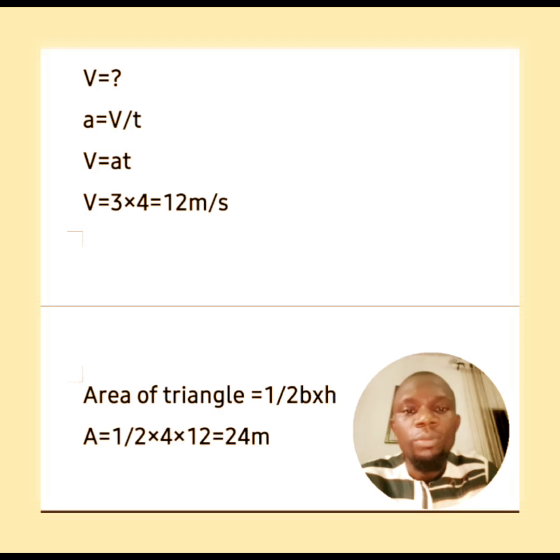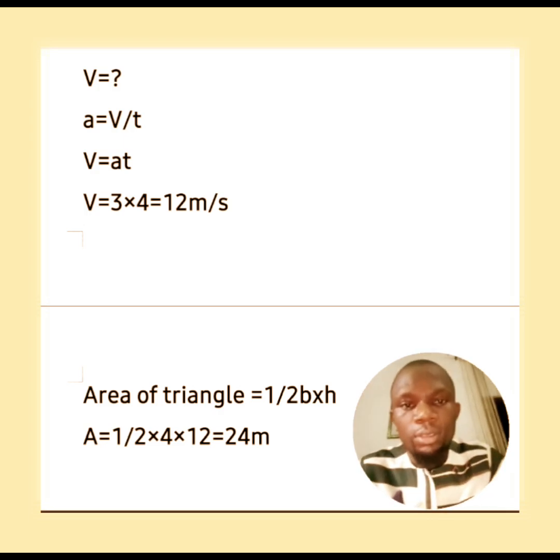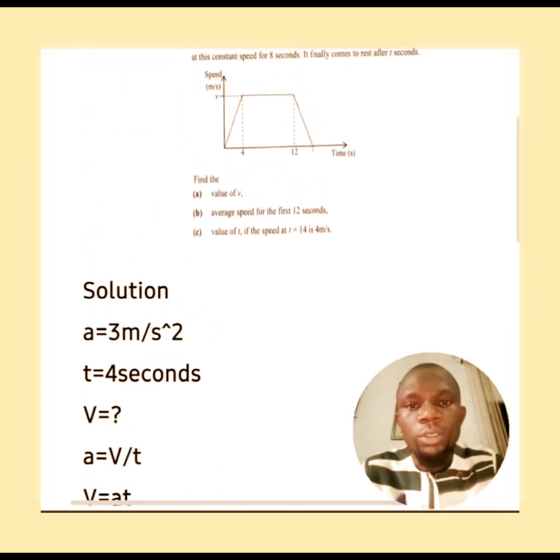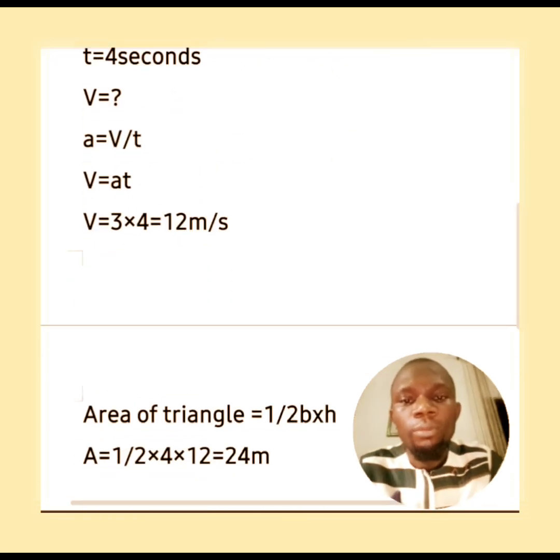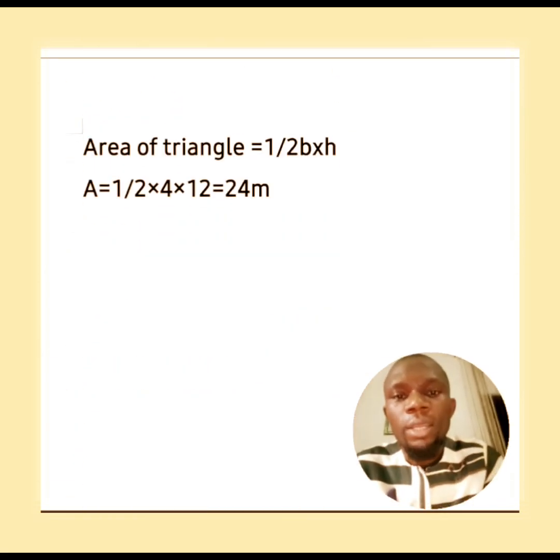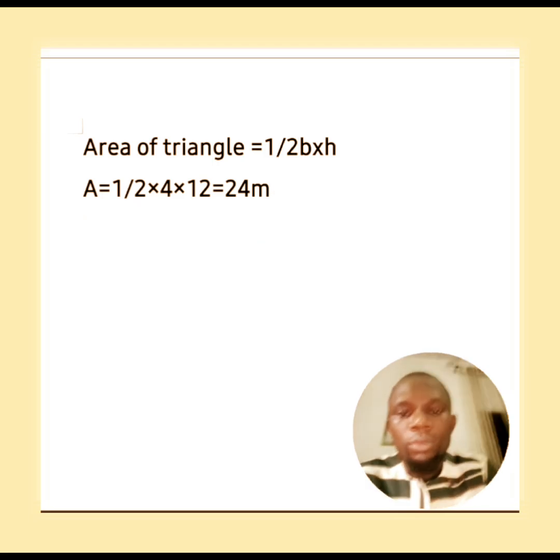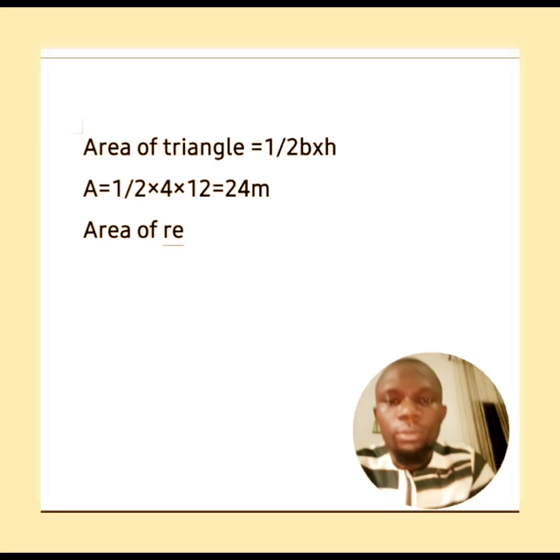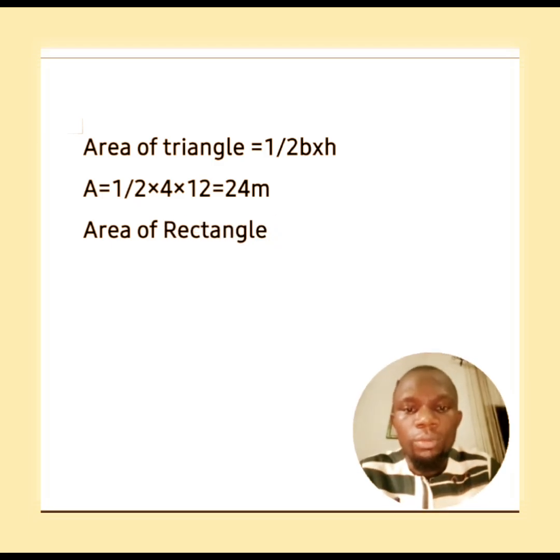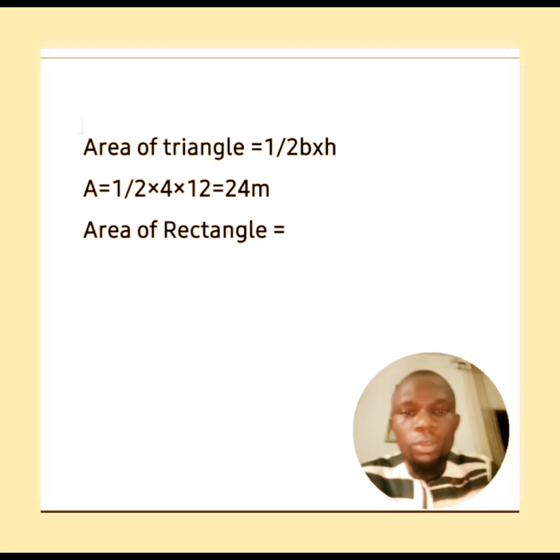Triangle. So the second stage, or second journey, is where the shape is a rectangle. So I have to now look for my area of what? Rectangle. So my area of a rectangle is equal to base times height.